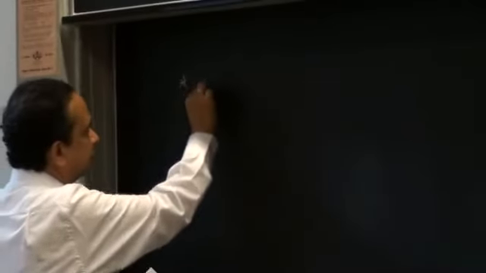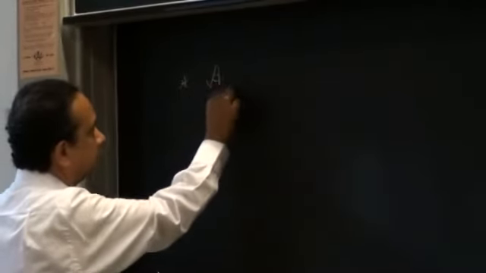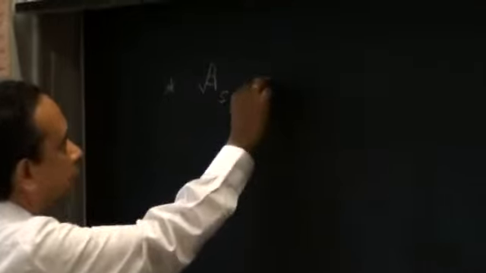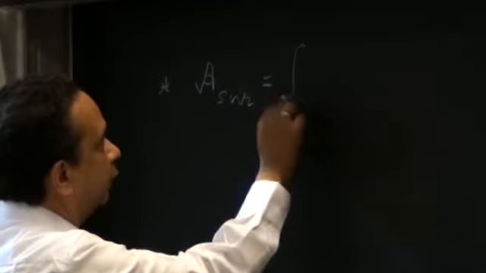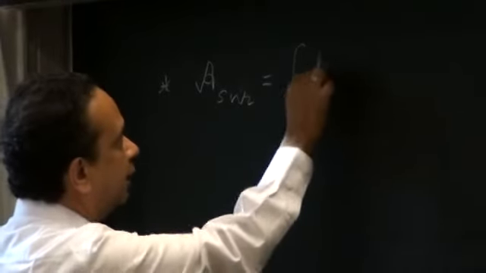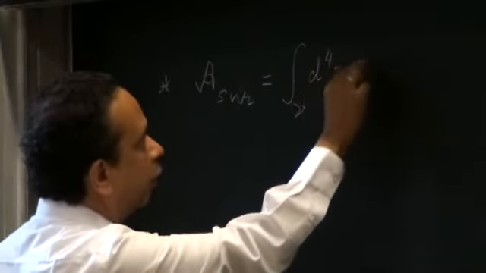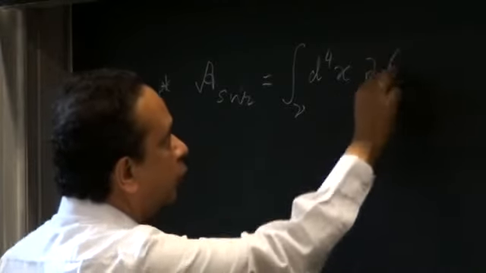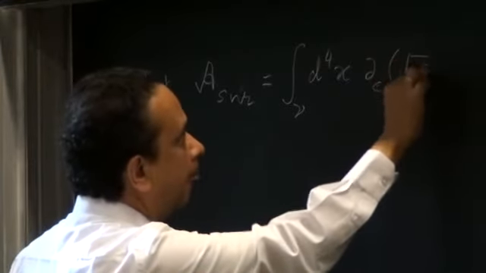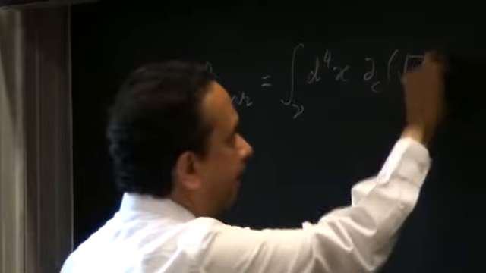First I have the term which is my surface term, which is given by integral over the volume d4x of the divergence, root minus g V^c.